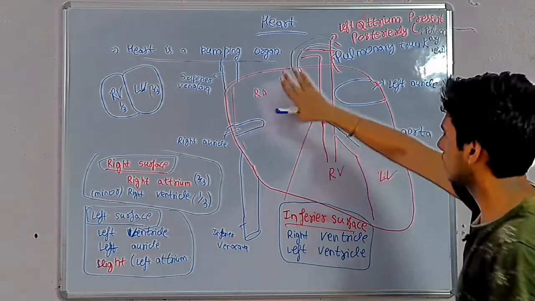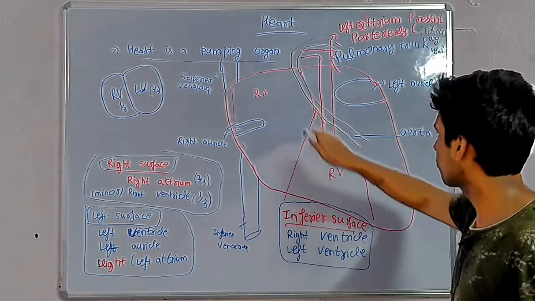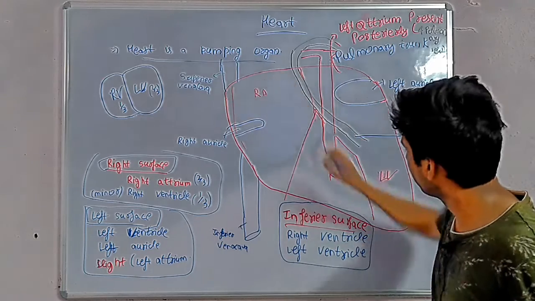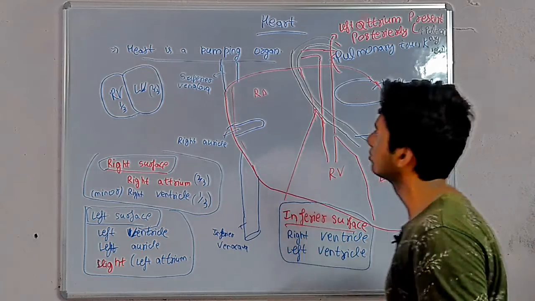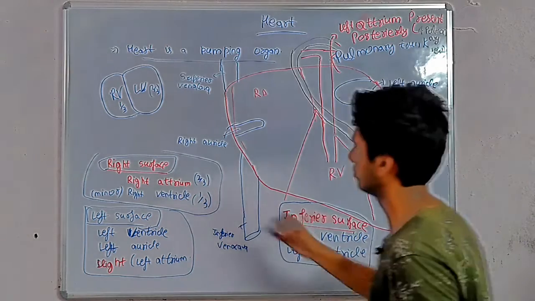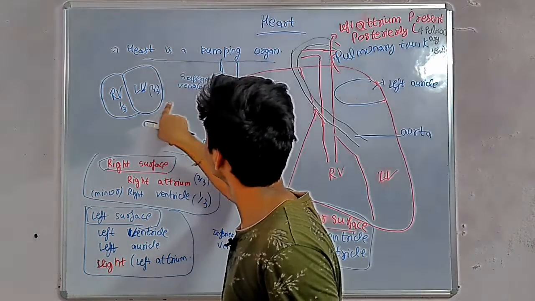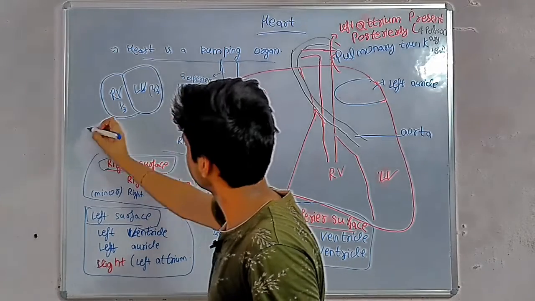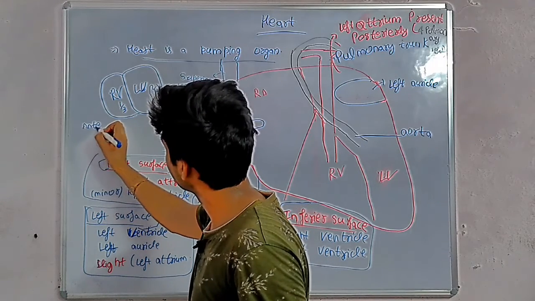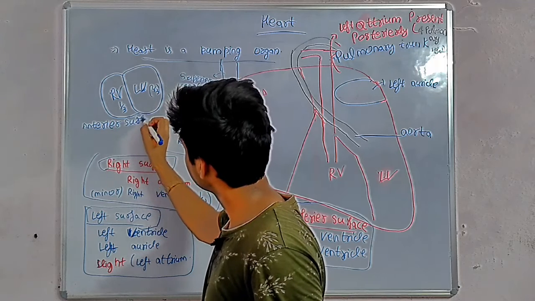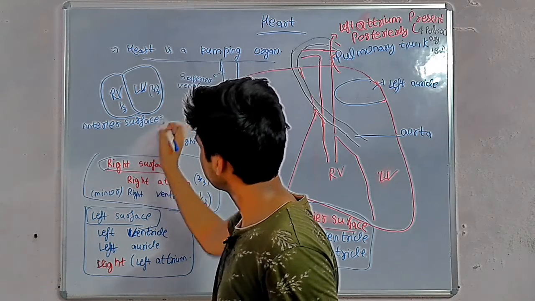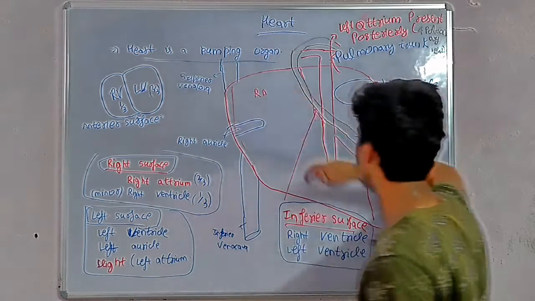The anterior surface faces anteriorly and contains the right atrium, right ventricle and left ventricle. This is the anterior surface.